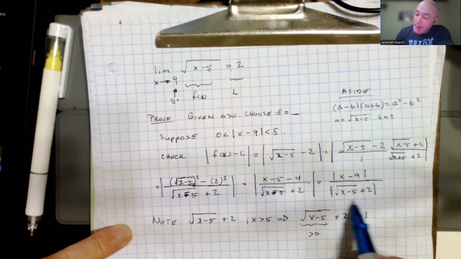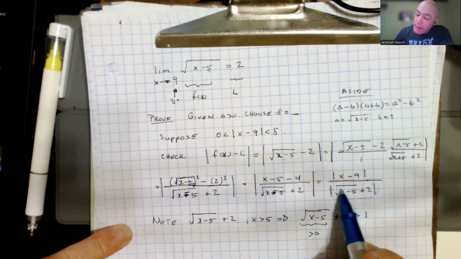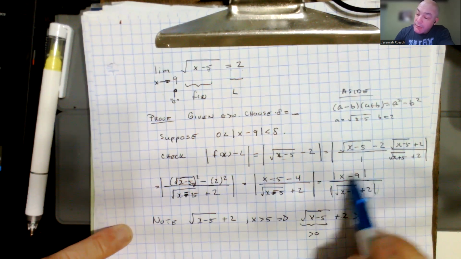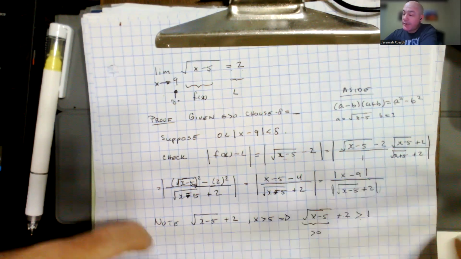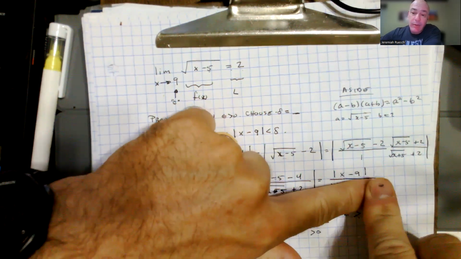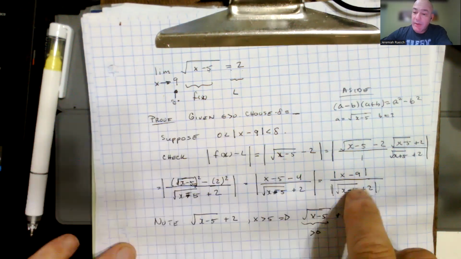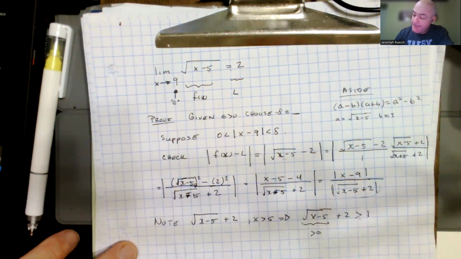which allows us to put a bound on this value here. Namely, since this is always greater than 1, then this thing, the absolute value of x minus 9, will always be bigger than the expression if I'm dividing by a number bigger than 1. Okay?